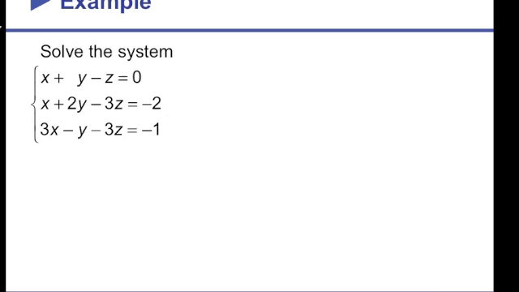Okay, first thing I'm going to do is take the top equation, and I noticed this has a negative x, a negative 3z, or negative z, negative 3z, and negative 3z. So I think if I take this top equation times negative 3, that will result in negative 3x minus 3y plus 3z equals 0.